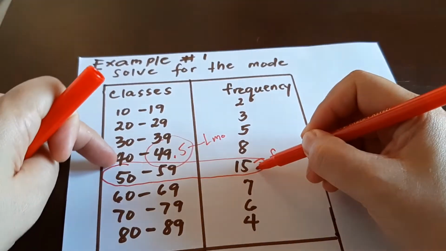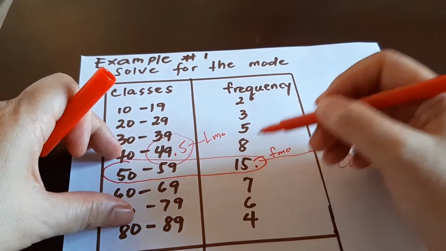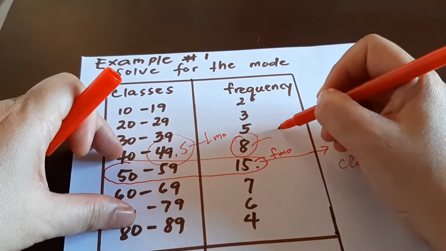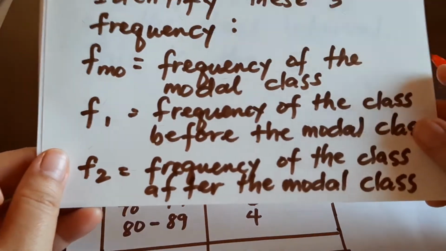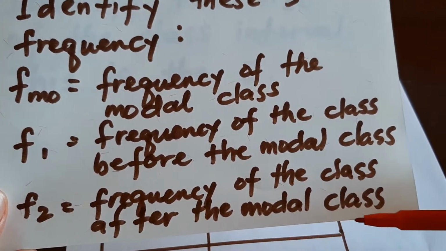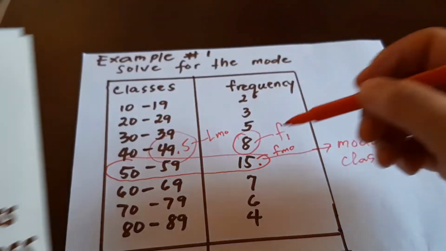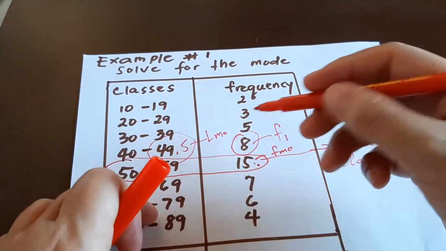So before, this is 40, so it should be the one above 15. So this is your F sub 1. And identify your F sub 2, the frequency of the class after the modal class. So after the modal class is 60 to 69, therefore this is your F sub 2.